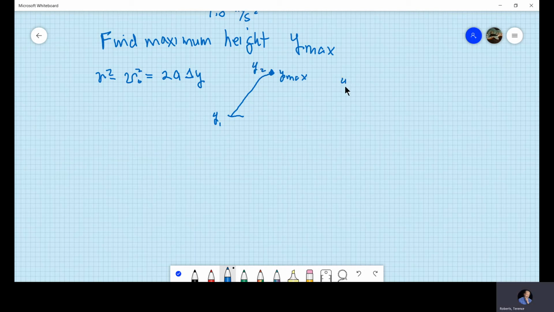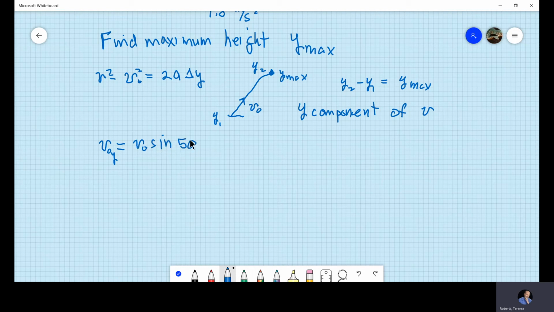So we're actually trying to find Y2 minus Y1, which in this case is Y max. It also has, of course, its initial velocity. So we need to use the Y component of velocity. And so what is our Y component of velocity? Well, it is V sub y is equal to V sub naught sine 50 degrees.